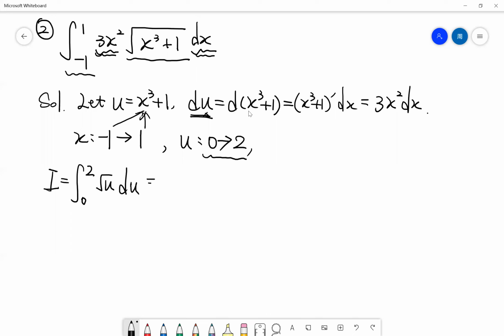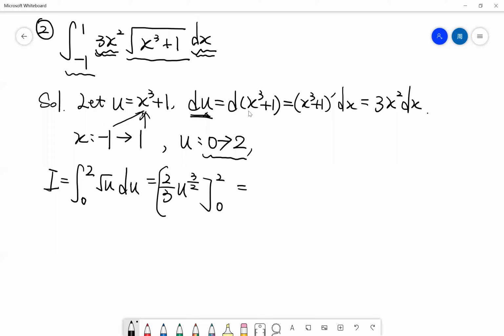So we have changed the original integral to a simple expression, right? So here we can get the answer directly. That is u power 1/2, which means u power 3/2 times 2/3, and then from 0 to 2.